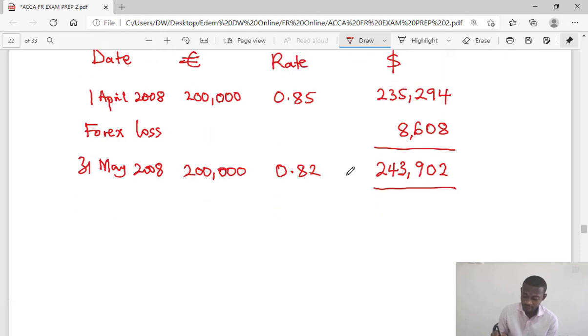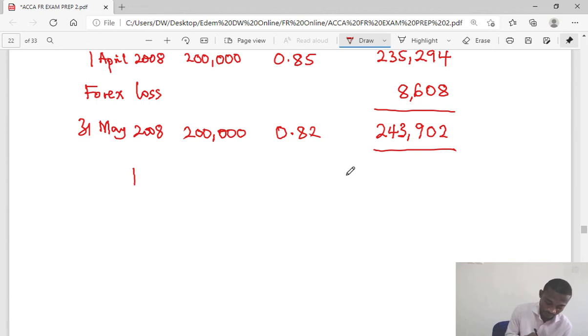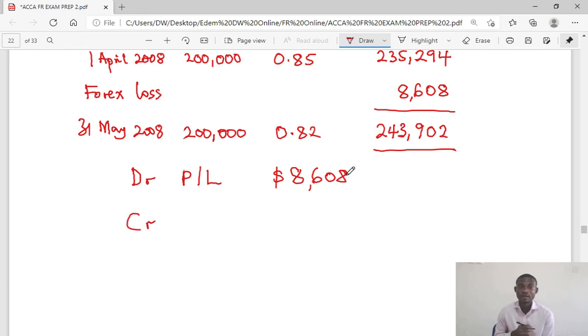So the double entry will be to debit profit or loss the amount, which is 8,608, and you credit the payable, the liability that was settled.